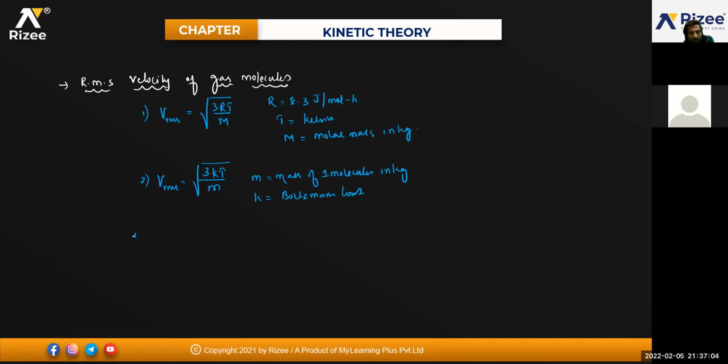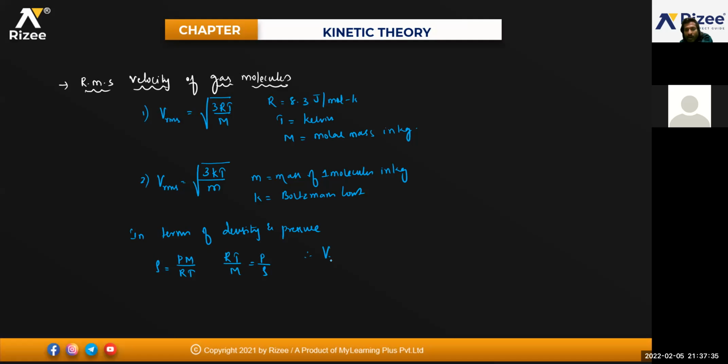In terms of density and pressure, we already know the formula: density is equal to PM divided by RT. So you can remember PM divided by RT. That means I can write RT divided by molecular weight as equal to pressure divided by density.